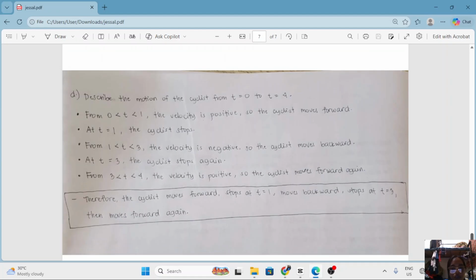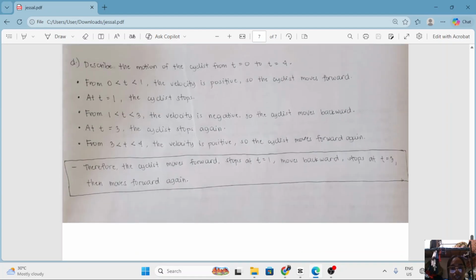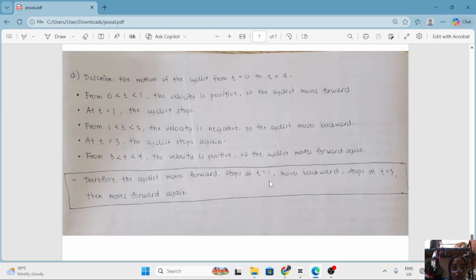For the last one, we have letter D. Describe the motion of the cyclist from t equal to 0 to t equal to 4. First, from t greater than 0 but less than 1, the velocity is positive, so the cyclist moves forward. At t equal to 1, the cyclist stops.